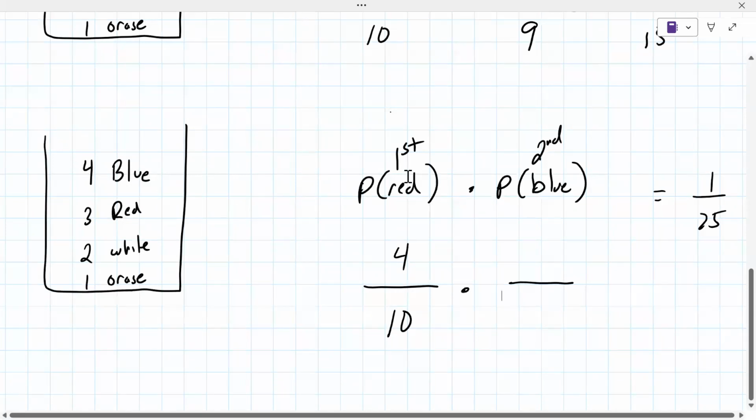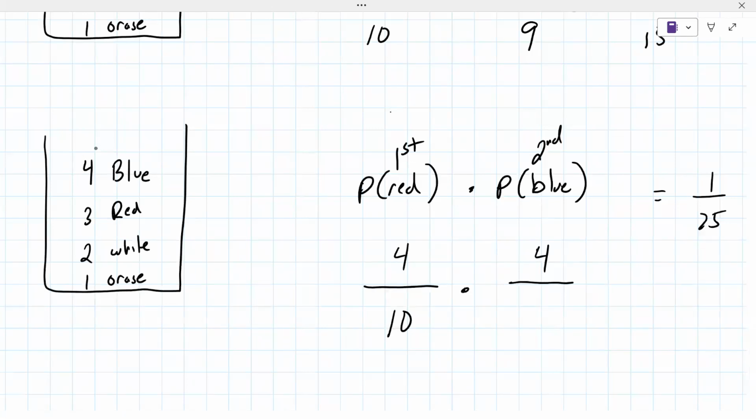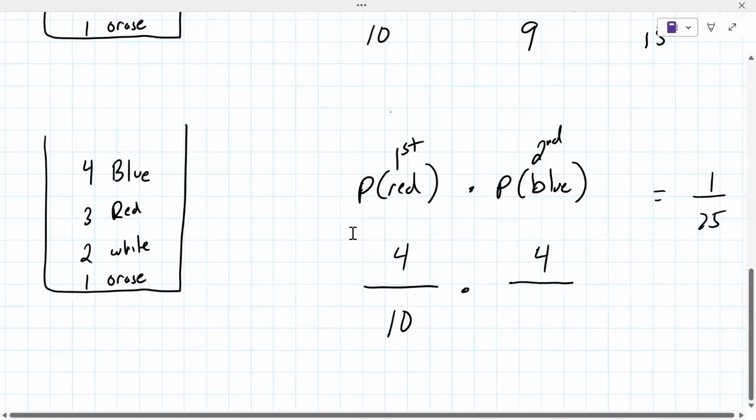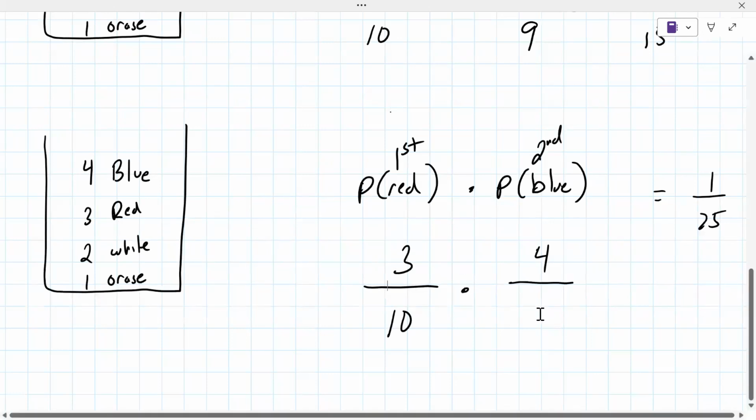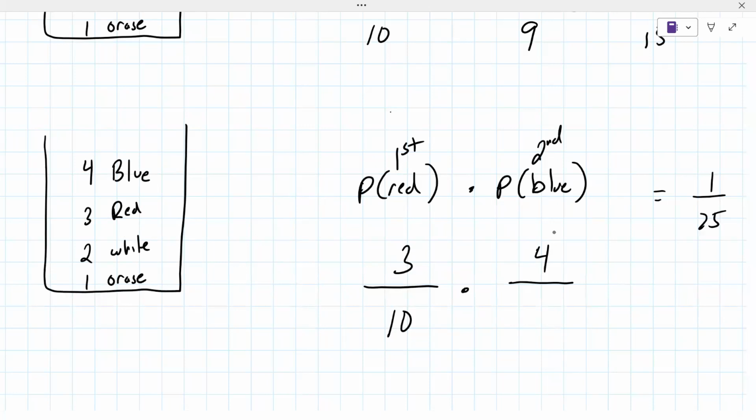You didn't choose a blue, you chose a red first. Oh, blue? There are 4. Okay. And there's only 3 red. Now, after you've chosen a red one, how many total marbles are there? 9.